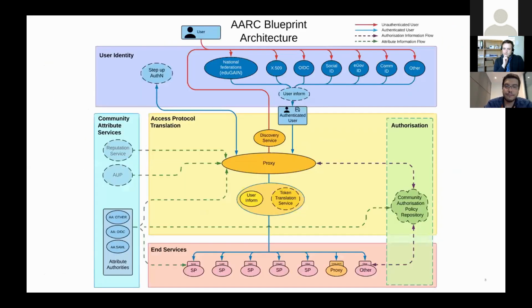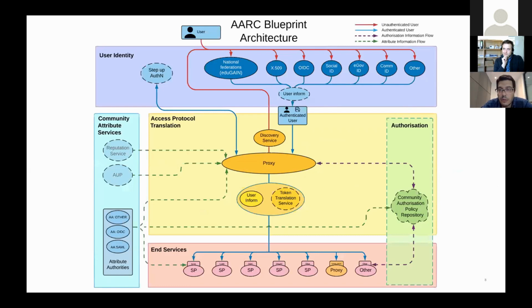As you can see, with the proxy approach, the proxy model, apart from serving as a single integration point between the IdPs and the SPs, also allows for translating between different protocols. So with the proxy, you can have users using a SAML identity provider, and then accessing an OpenID Connect or OAuth2 based service.